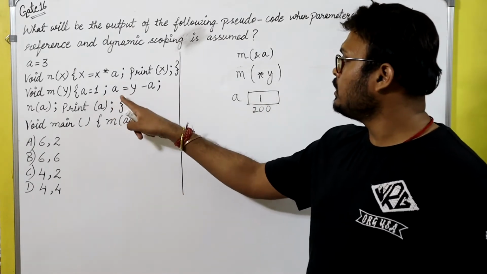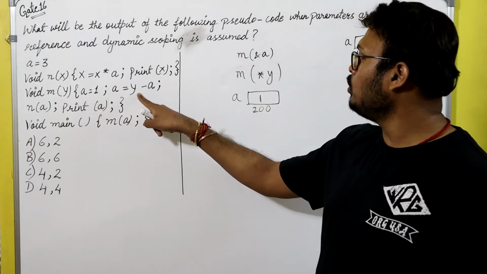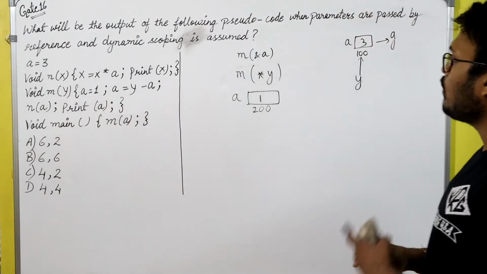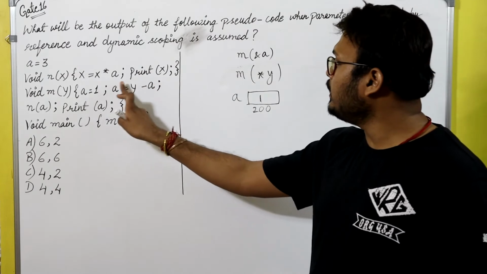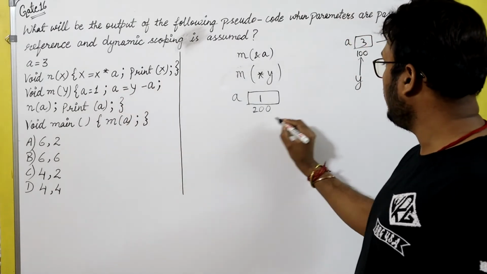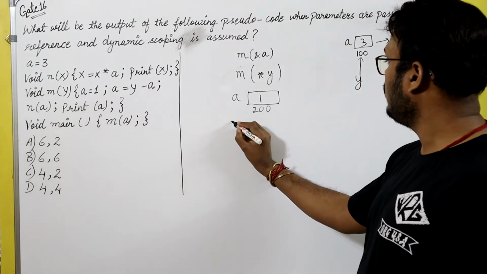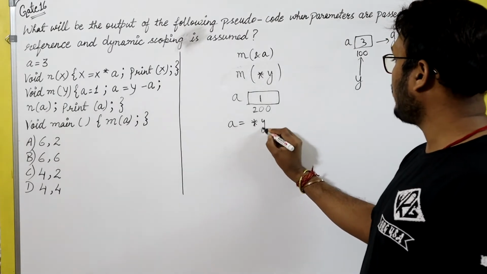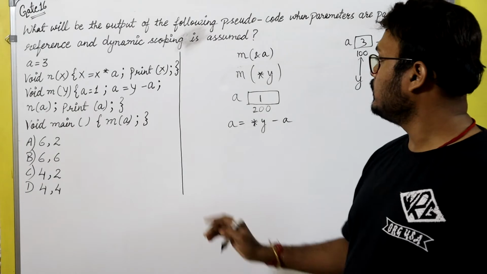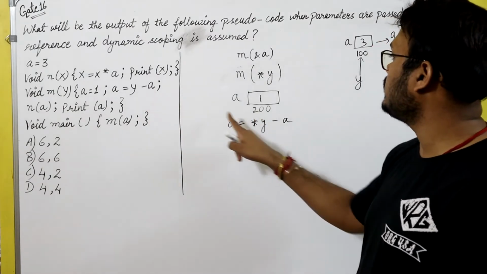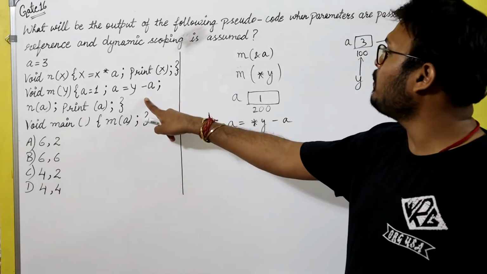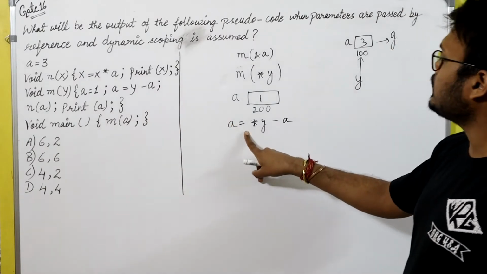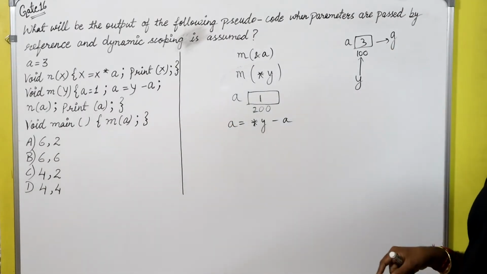So after this, you see what's written: a is equal to y minus a. What you should interpret this as: a is equal to star of y minus a. Just interpret this line as this. You just think of it as a is equal to star of y minus a.